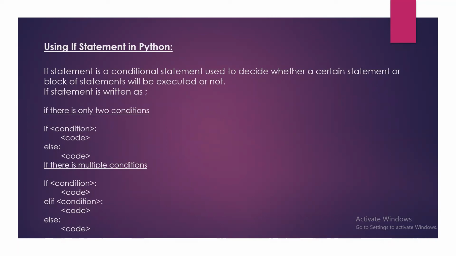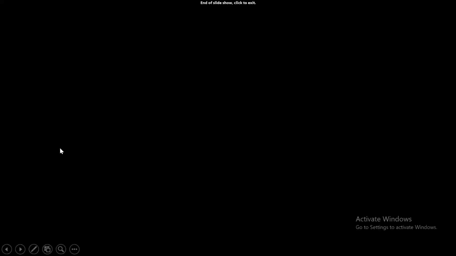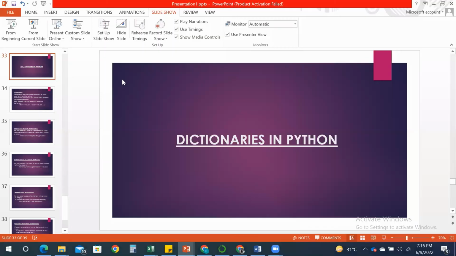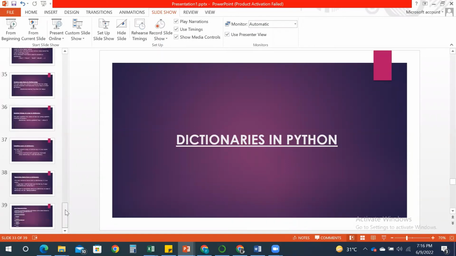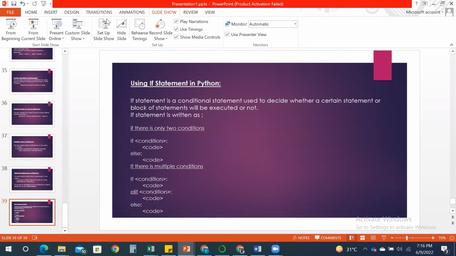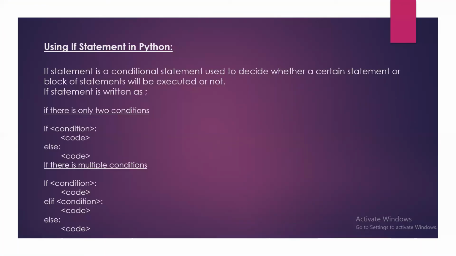If there are only two conditions, we will use if, specify the condition, give a colon and specify the code which we want to run if the specified condition is true, and we'll use else and give the code which we want to run if the statement is false.